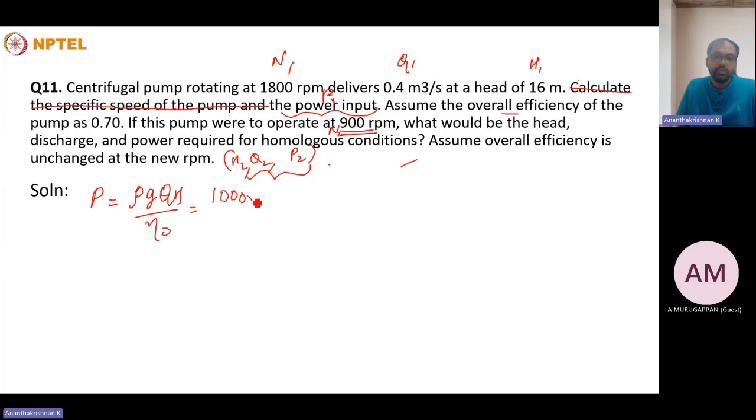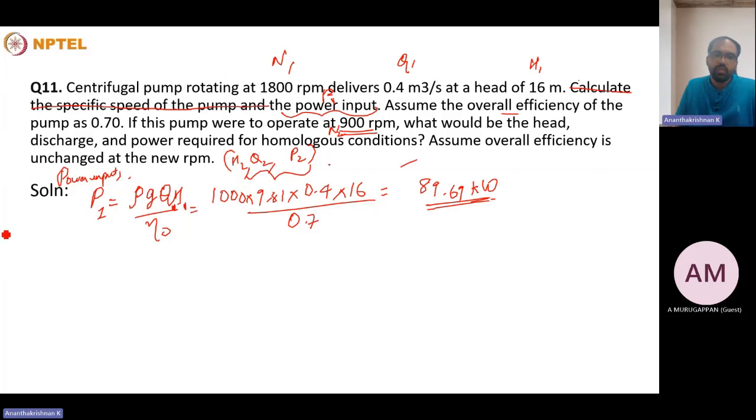That will be 1000 into 9.81 into 0.4 multiplied by 16 divided by efficiency 0.7. So this is Q1, H1, and P1, power input P1 is equal to 89.69 kilowatt.